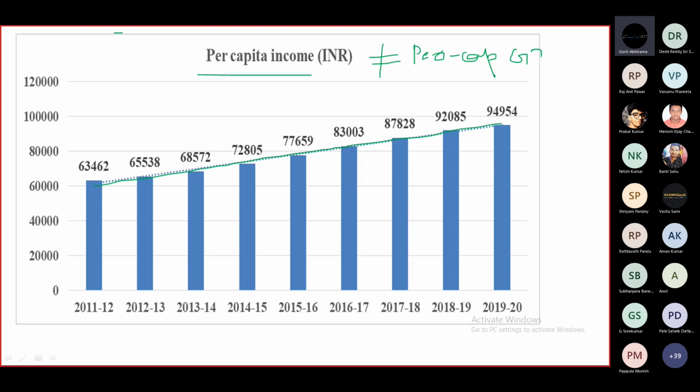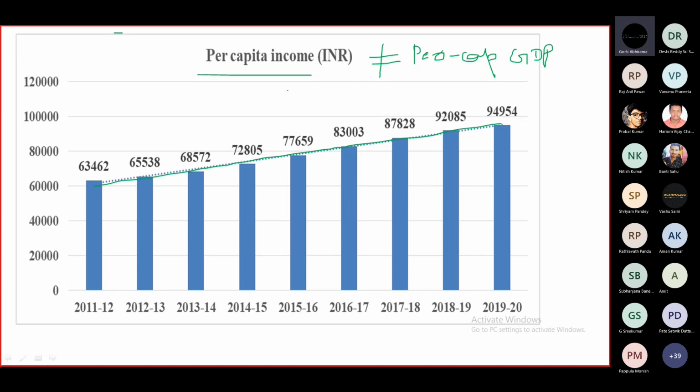Per capita income is national income of the country divided by the population, and per capita GDP is equal to your GDP divided by your population. And national income and GDP are not the same thing, though there is a considerable overlap between these two.